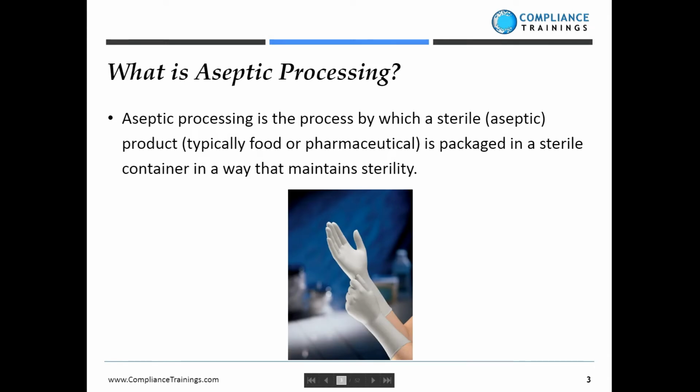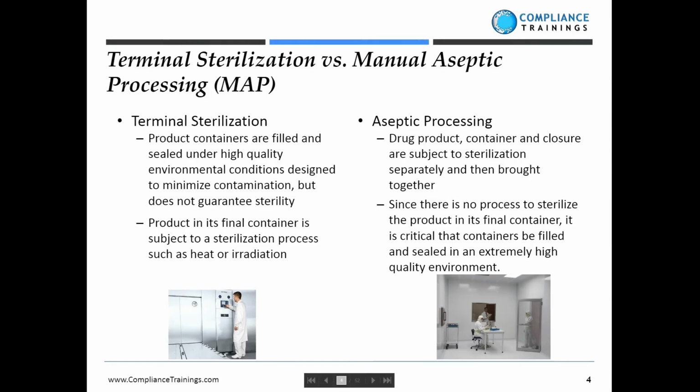So let's begin with what aseptic processing actually is. Hopefully you already know this. If you work in sterile injectables or any other type of sterile processing, you may use aseptic processing. It is a process by which a sterile or aseptic product, sometimes a food or a pharmaceutical, is packaged in a sterile container in a way that it maintains its sterility.